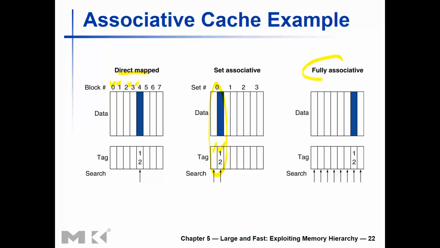But in the fully associative cache, if you have a block, then you have to search all these tags. So these are the tags here. So on the extreme, in the direct map, you search 1 tag in that set. In the fully associative, you have to search all the tags in the cache. For the n-way associative, k-way, you search k tags. Okay, right.